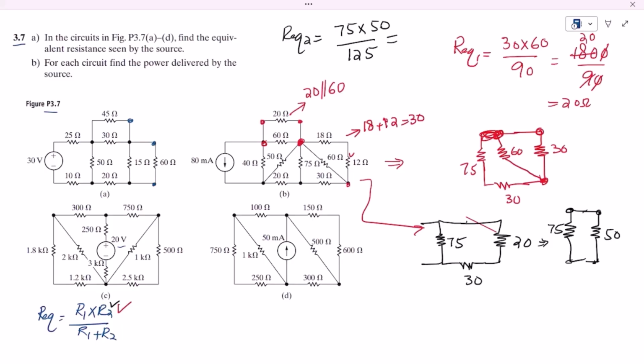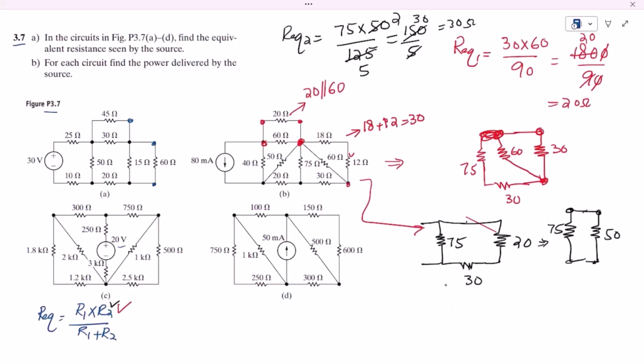So this will be 25, 5 times 125, and that is 2, and 75 multiplied by 2 is 150 divided by 5, so 30, and it is now 30 ohm.